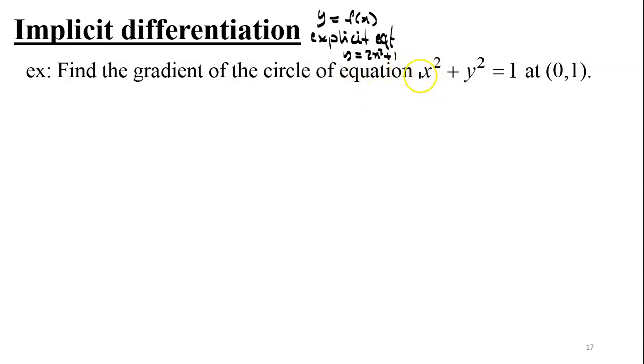If you look at the equation I have here, x squared plus y squared equals 1, y is still a function of this variable x. However, I do not have the equation written as y equals an expression in terms of x.